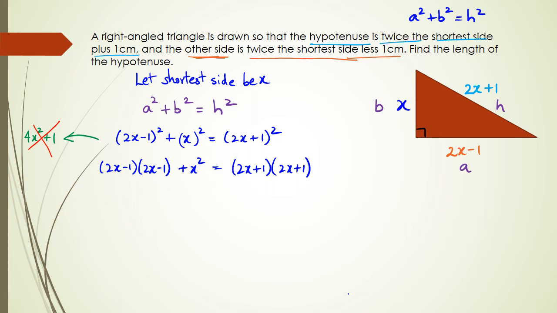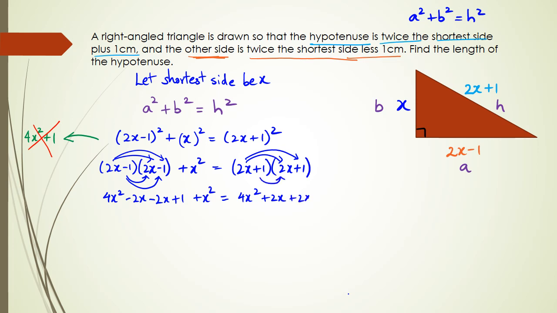So now we need to expand the brackets. I've got 2x times 2x, which is 4x squared. 2x times negative 1 is negative 2x. Negative 1 times 2x is negative 2x. Negative 1 times negative 1 is plus 1. And we've got plus x squared here, equals 2x times 2x, which is 4x squared. 2x times 1 is 2x. 1 times 2x is 2x.